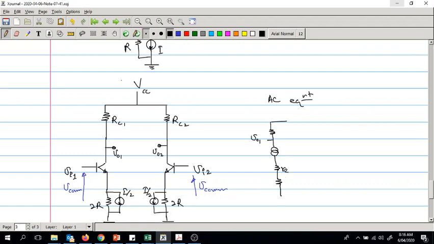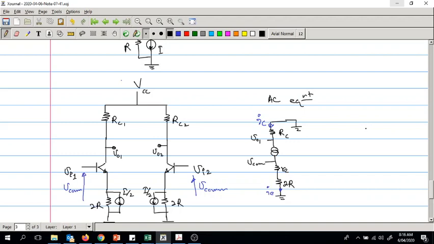Then you have 2R here and the ground. And this is my V common. And this is my RC, and that's my ground. Again, this is IC, and this is IE. IE goes across that, and it is the same case for the other transistor as well.